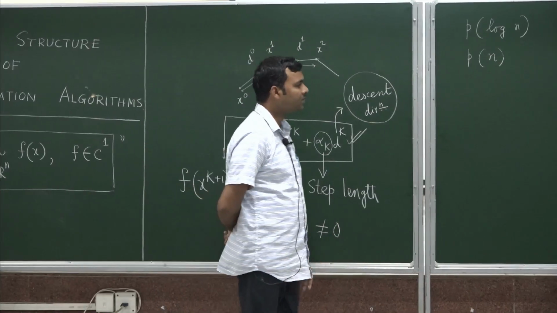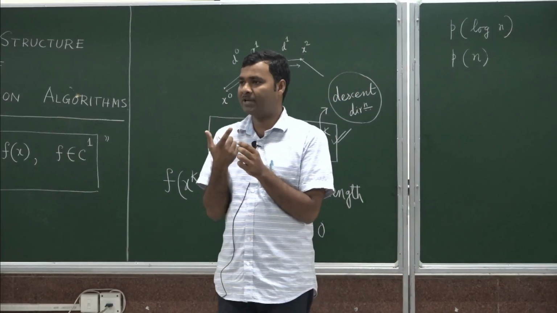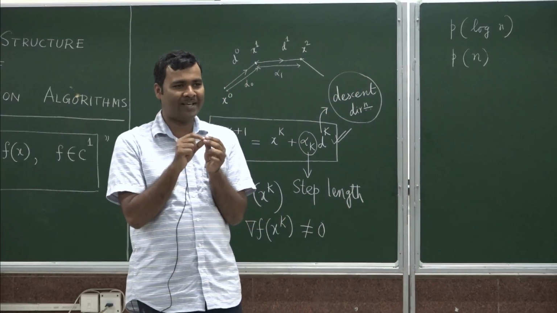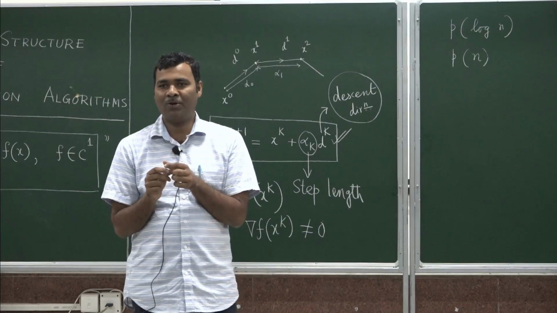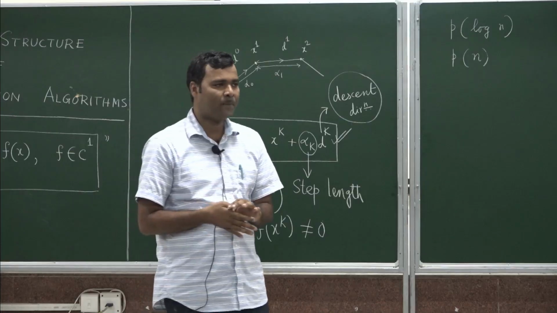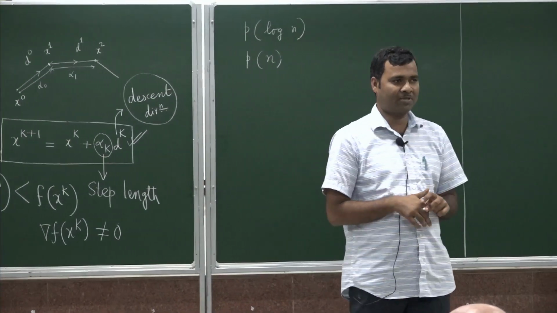Such algorithms are called locally convergent, because the initial point, as I mentioned tactfully chosen, commonly has to be very close, at least sufficiently close to a local minimizer or a stationary point. And that's why they are called locally convergent descent algorithms.